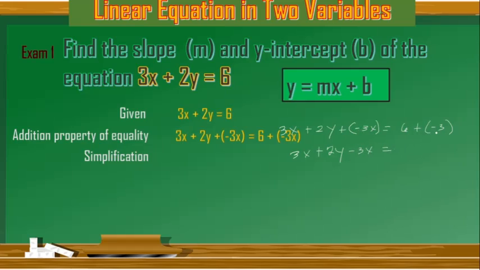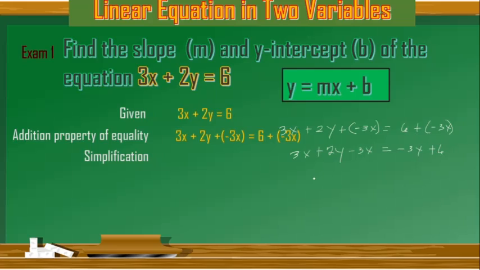Also with this, you write first a number with a variable. So positive times negative 3x, that is negative 3x, then positive 6.